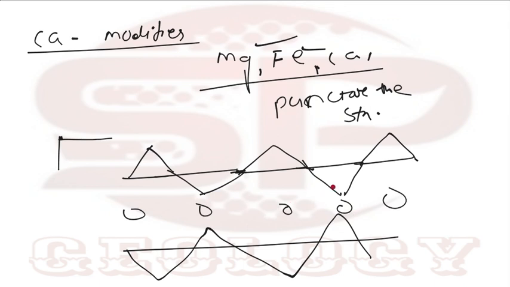So they tend to complete the structure. Completing means the vacant places for joining get filled, so that will decrease the viscosity. So these are the different factors that will affect the viscosity of the magma.